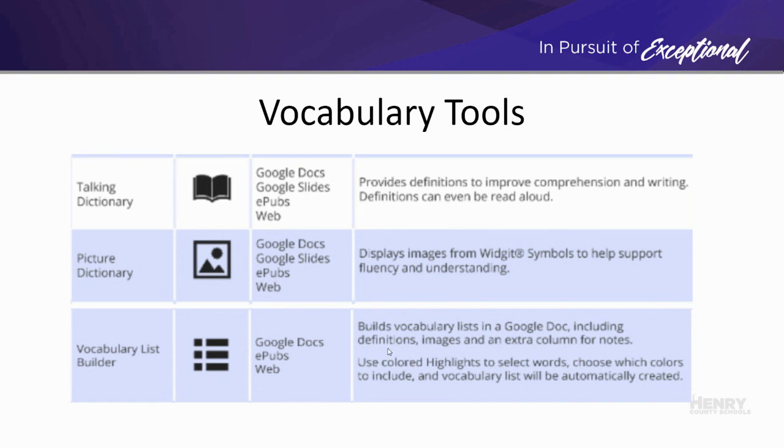That Google document will have definitions, and if there's an image available, it will show up there. And then there's a column that the student could use for any number of reasons, to write a sentence with the word, or just take notes about that word, or maybe find a real life image of that word. But that column can be edited and used for whatever purpose would be beneficial for the activity.